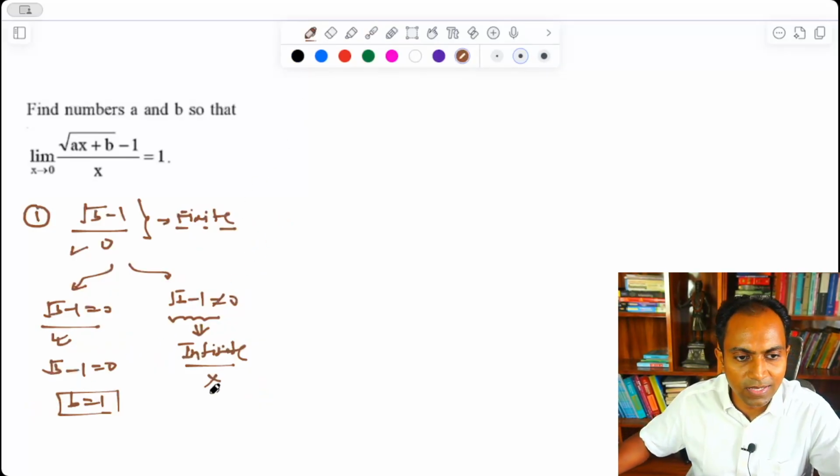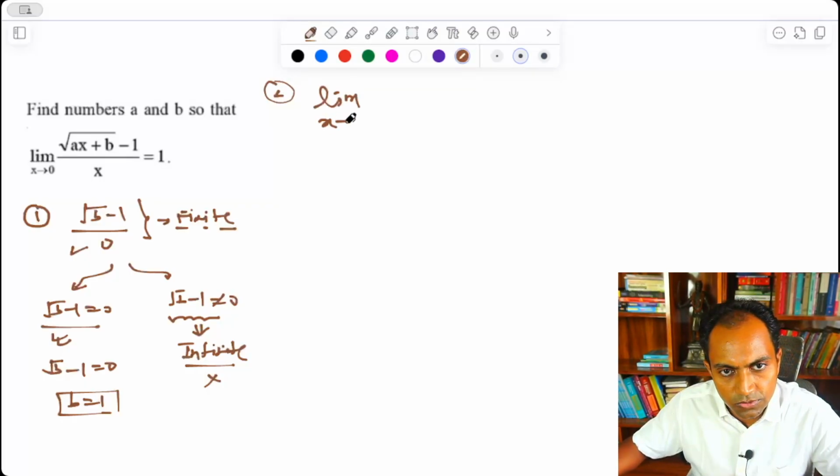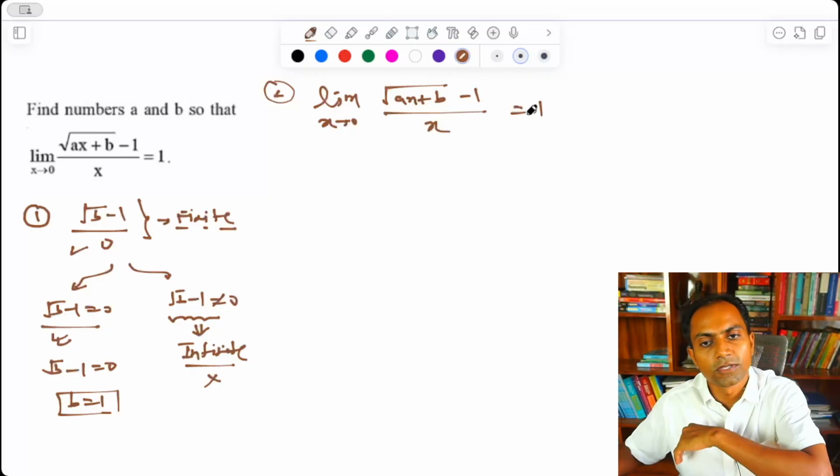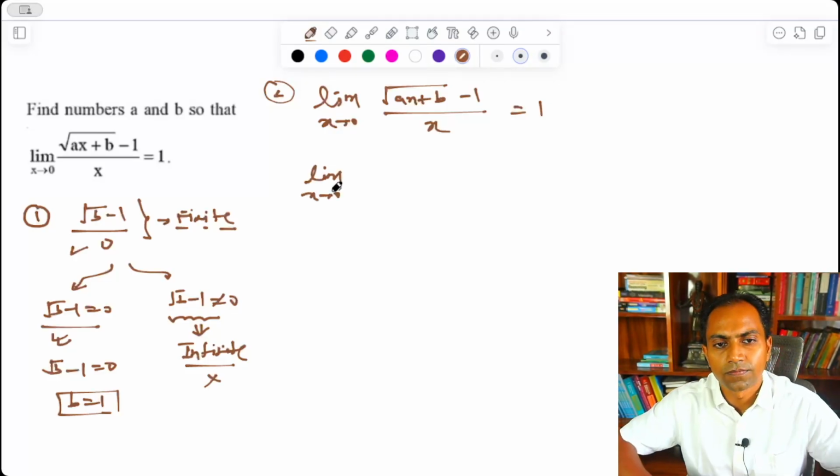Now once you have done that, in the second part, what should happen? Let us substitute the value. I get limit x tends to 0 of root of ax plus b minus 1, divided by x. We have been given the value of this limit. So what we can do is rationalize it. Now limit x tends to 0.